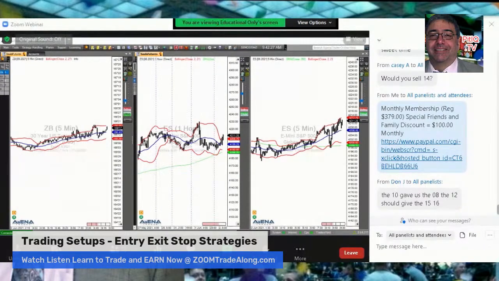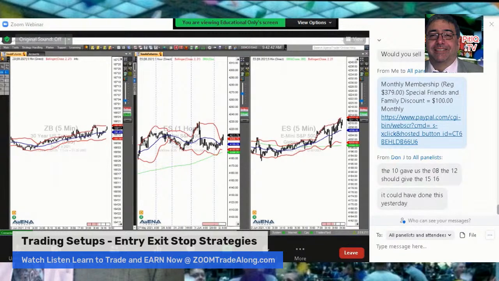As we rotate back up here to the highs again, hopefully we got you a little long there against the 08, and a nice rotation off of that. And now we're just seeing what it wants to do up here.